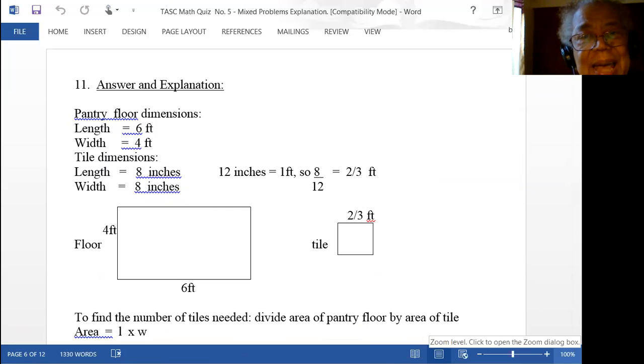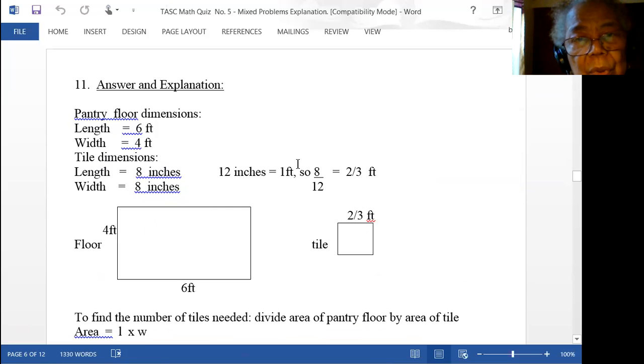And you're given a tile for this floor in inches, actually 8 by 8 inches, because it's a square. Now, if 12 inches is 1 foot, 8 over 12 will be 2/3 of a foot. So, 2/3 of 1 foot.